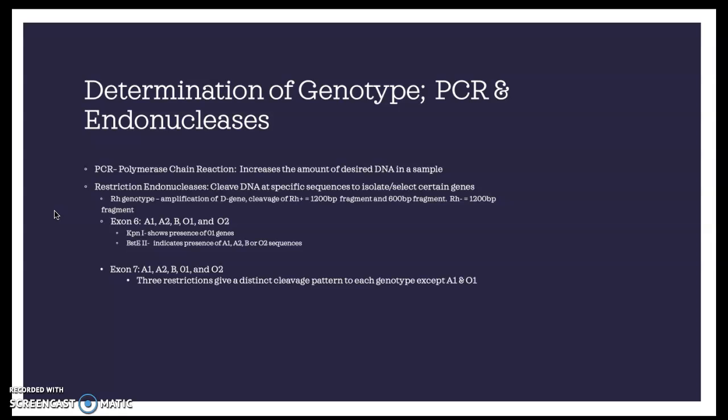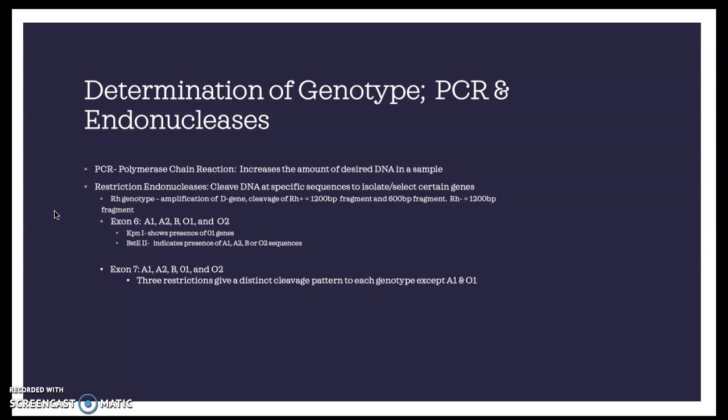If O1 is not present, you don't see any additional banding. If you cleave with BstEII, that endonuclease indicates the presence of A1, A2, B, or O2 sequences. So the cleavage on exon 6 really tells us if we have O1 or not.